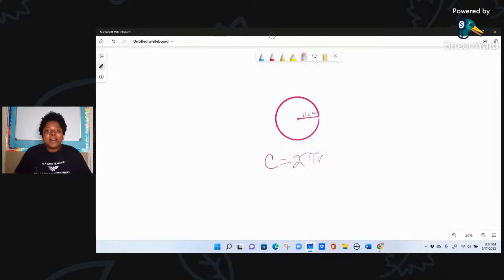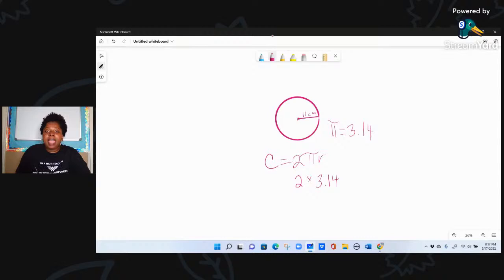Circumference is 2 times pi times the radius. We use 3.14 for pi. It's just an estimation because pi is a number that goes on forever and ever. It's nonstop.